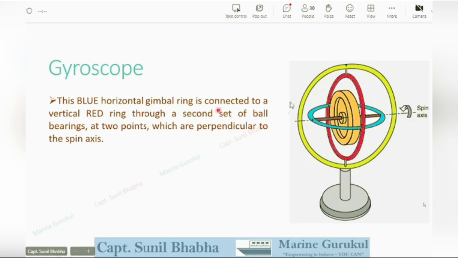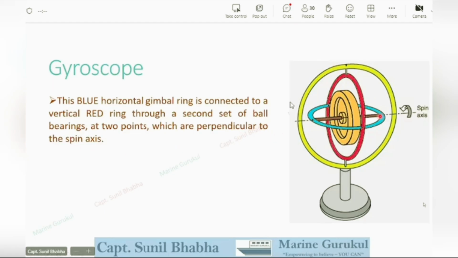So the blue horizontal gimbal ring is connected to a vertical red ring through a second set of ball bearings at two particular points, and these two points are made in such a way that they are perpendicular to the spin axis.